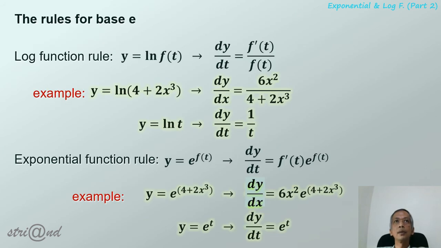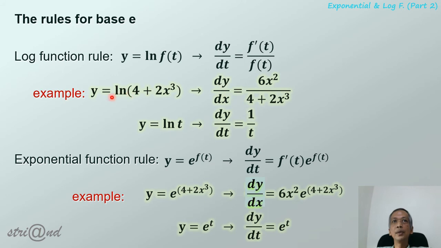Now, the rules of the derivatives for base e. First, the logarithmic function. When we have y equals the natural logarithm of a function of t, the derivative of y with respect to t is the derivative of this function divided by the function. For example, y equals the natural logarithm of 4 plus 2x cubed.